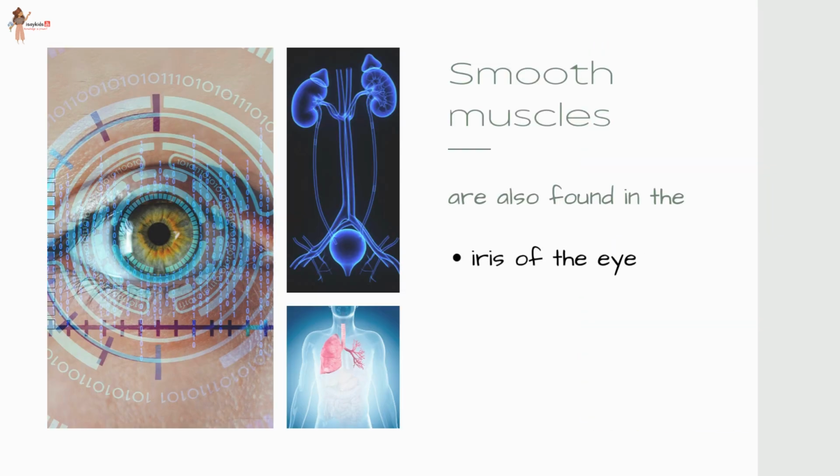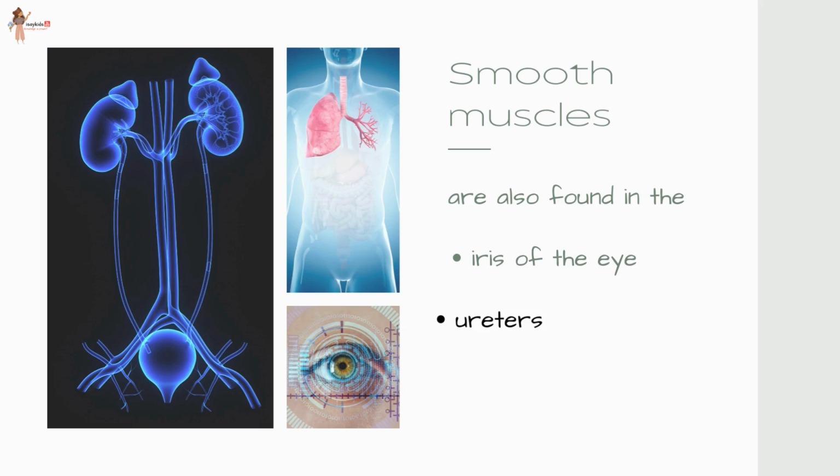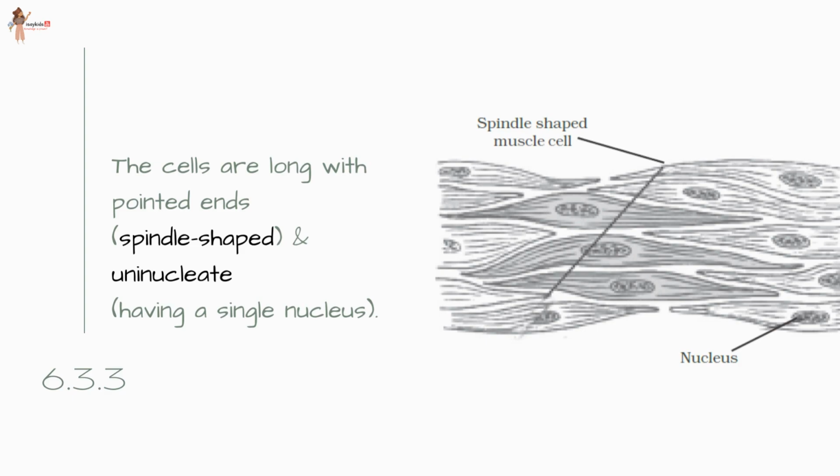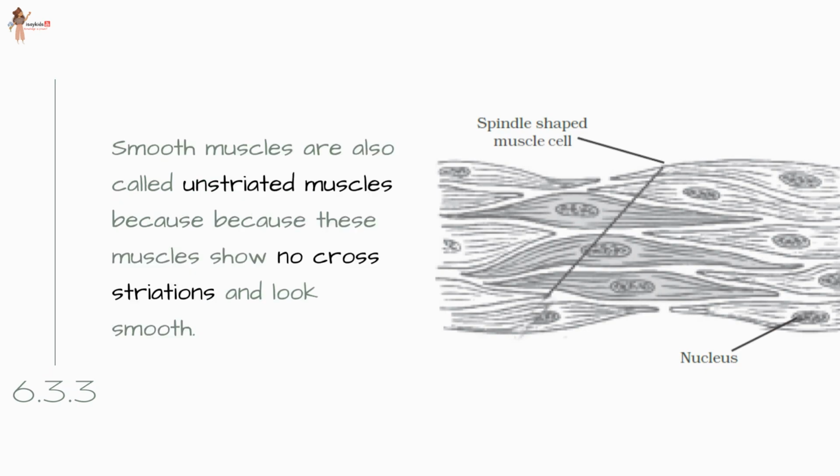They are also found in the iris of the eye, in ureters, and in the bronchi of the lungs. The cells are long with pointed ends and uninucleate. They are also called unstriated muscles because these muscles show no cross striations and look smooth.